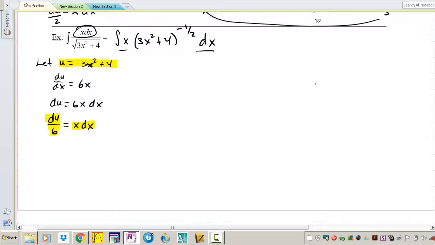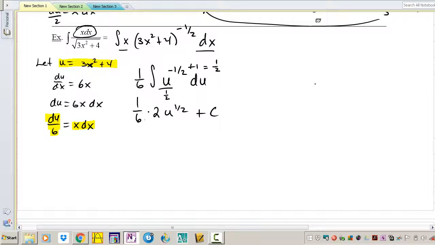So let's rewrite this. The integral of u to the negative 1/2 times du times 1/6. Now we can integrate this, so it's 1/6 times the integral of u to the negative half. If you add 1, it becomes positive 1/2 over positive 1/2, which will make this 2u to the 1/2 power plus c. 2 and 6 will make 1/3 u to the half plus c.